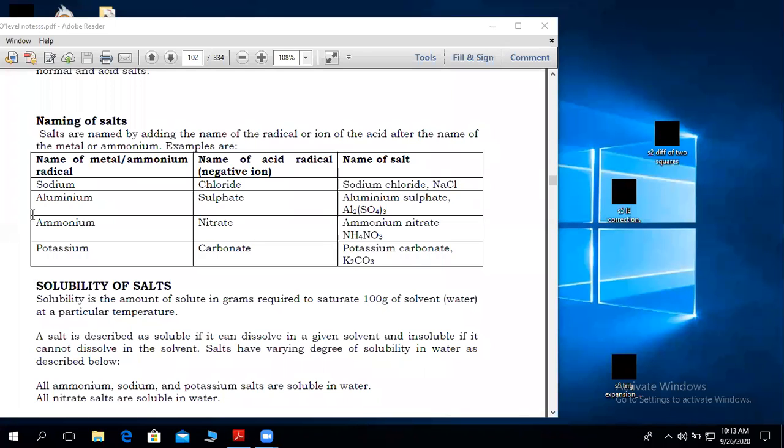So sodium, the salt formed is sodium chloride. Aluminium, and if the acid was sulfuric acid, the salt formed is aluminium sulfate. Ammonium, and the acid is nitric acid, so the salt formed is ammonium nitrate. Potassium and carbonic acid, the salt formed is potassium carbonate.